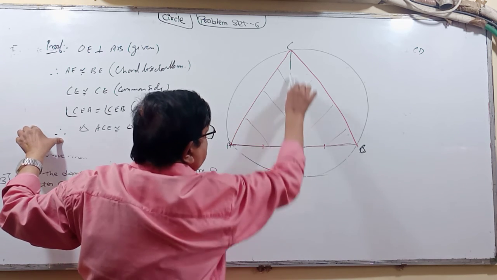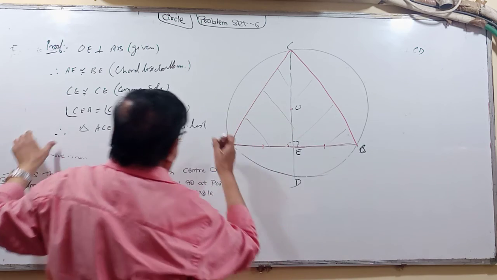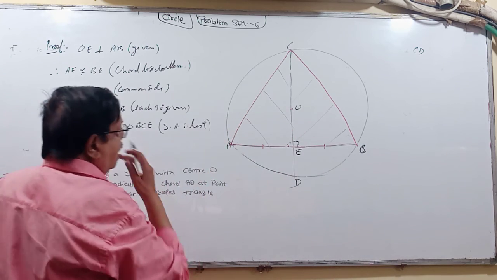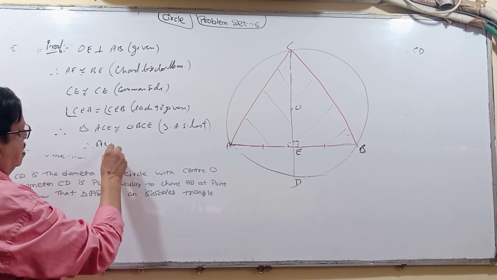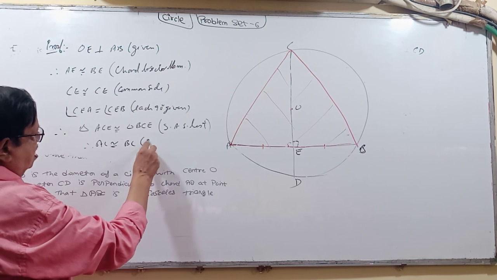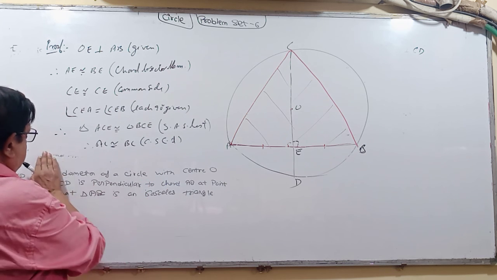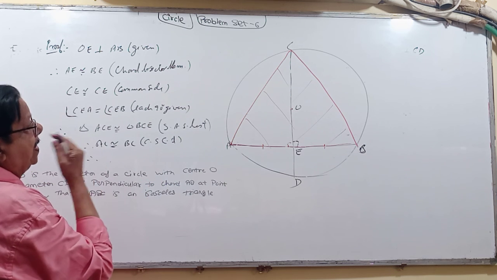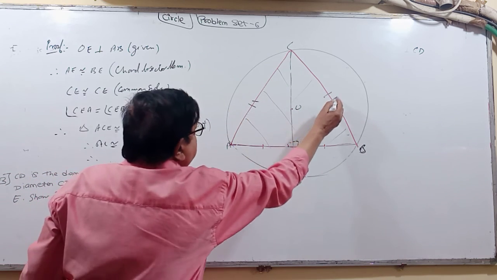This is equal to this. Side angle side congruent to side angle side test. Okay, now therefore AC congruent to BC, corresponding sides of congruent triangles. Therefore, AC congruent to BC. This is congruent to this.